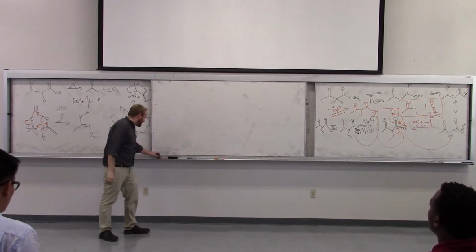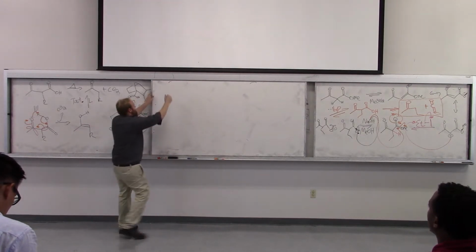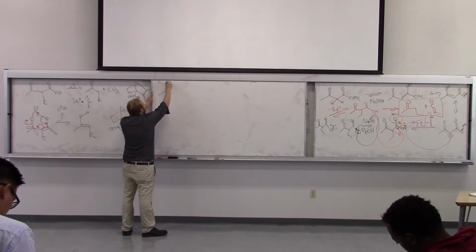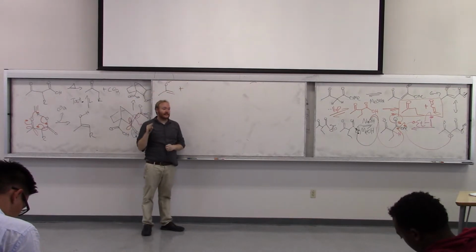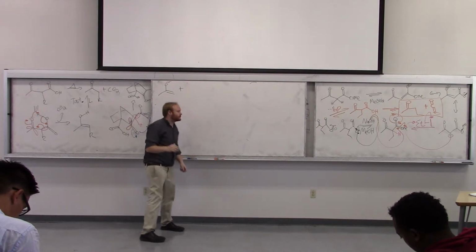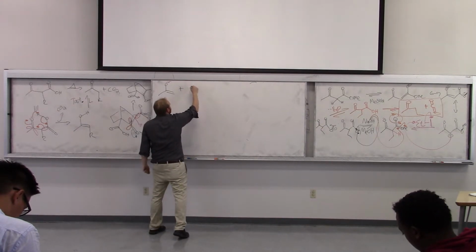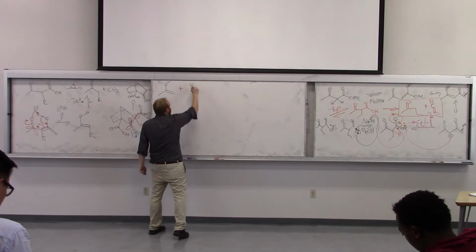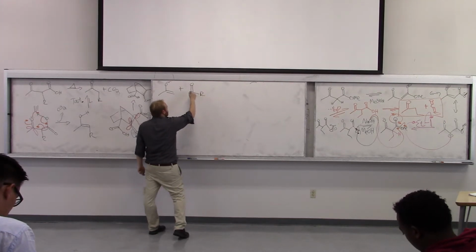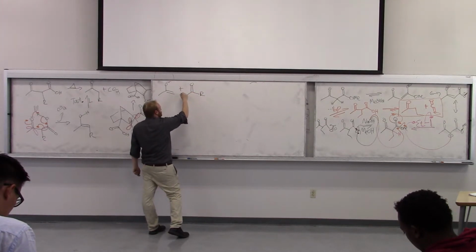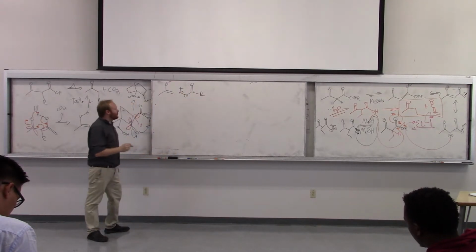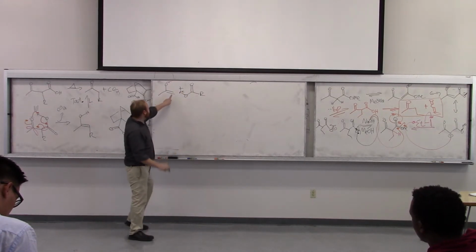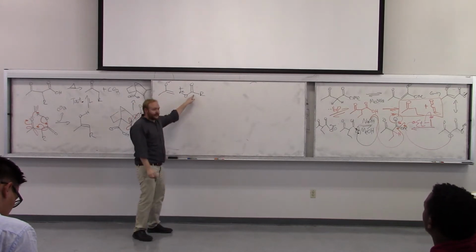So chapter 19 deals with enolates plus carbonyls as the electrophiles. The first two reactions we're going to go over are the mechanism of an enolate plus an ester.